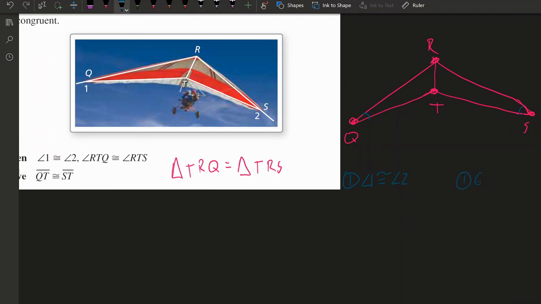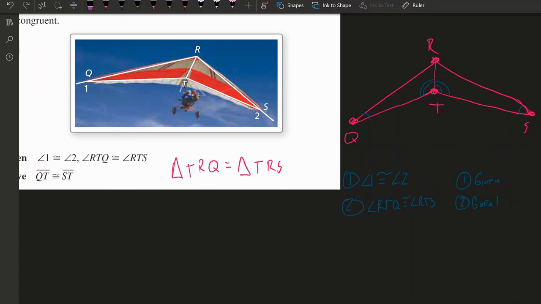Given. Step 2: angle RTQ is congruent to angle RTS, so RTQ is right here, and RTS is right here. Angle RTQ is congruent to angle RTS, given.